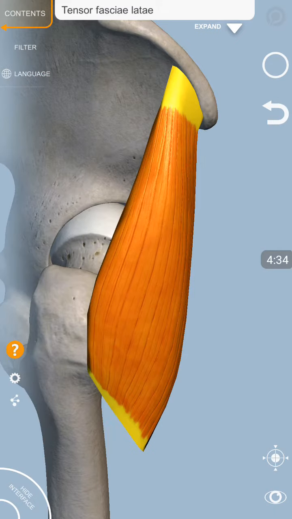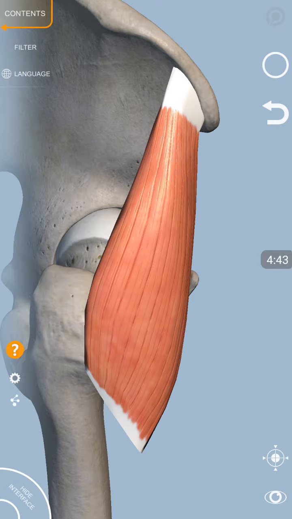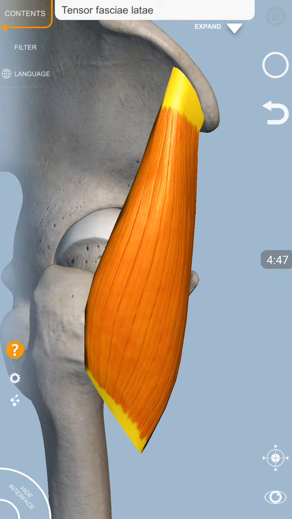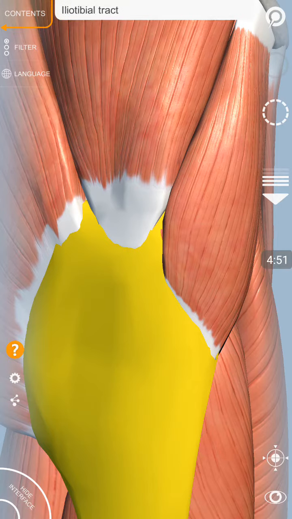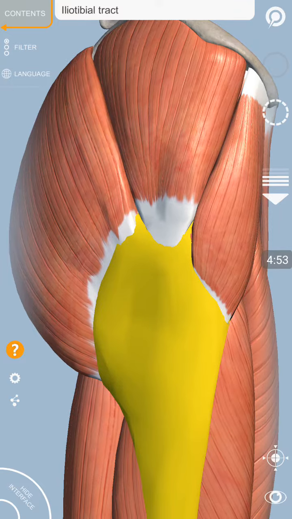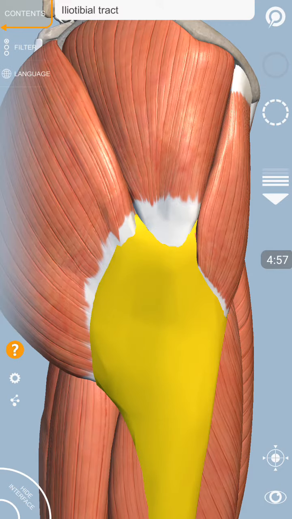Then we have the tensor fascia lata. This muscle originates from the gluteal surface, just behind the anterior superior iliac spine, and downward it is inserted into the iliotibial tract. The iliotibial tract is the thickening of deep fascia on the lateral aspect.